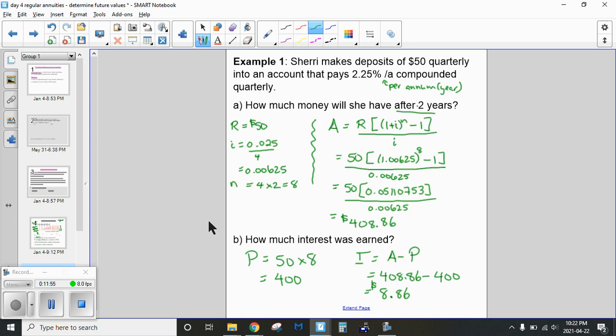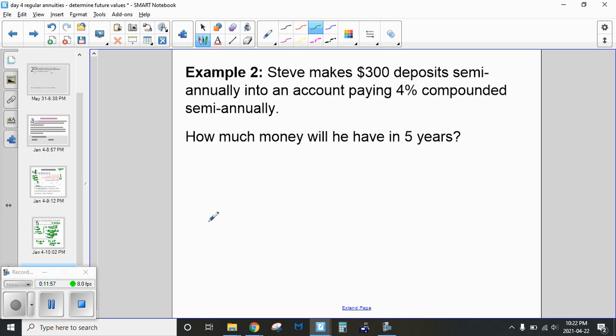Okay. Example 2, Steve makes $300 deposits semi-annually into an account paying 4% interest, compounded semi-annually. How much money is he going to have in 5 years? So I'm going to read through that again and write down the given information.